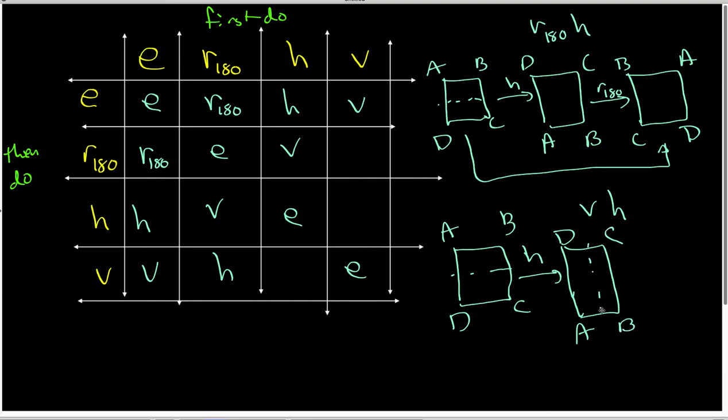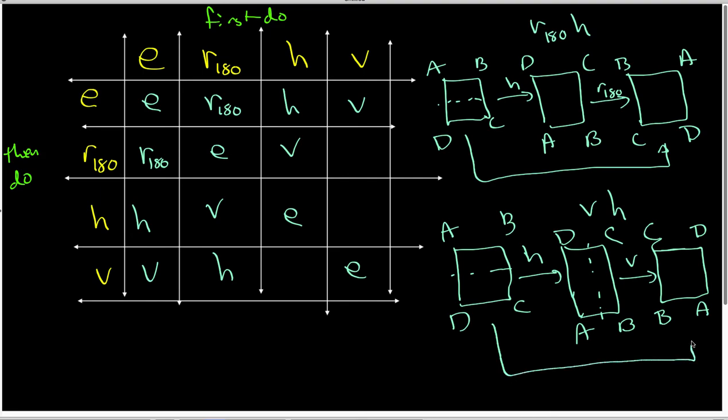We're now going to do a vertical flip, and when we do the vertical flip, our labels on our square will be CD and BA. And if I want to go from the first position to the last position, what I've done is I have rotated by 180 degrees. So this box here gets R180 put in it.